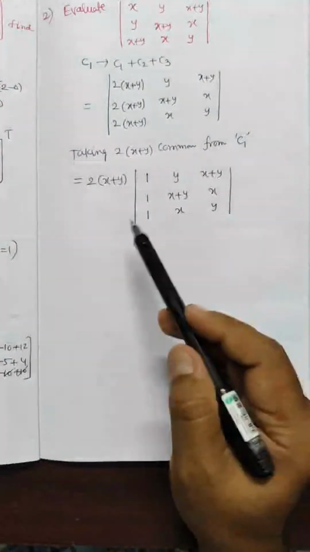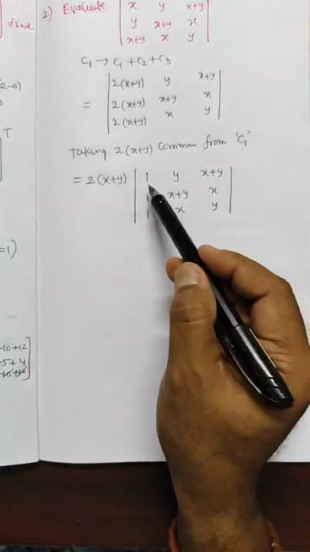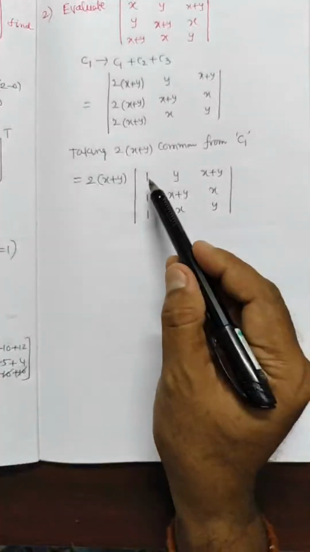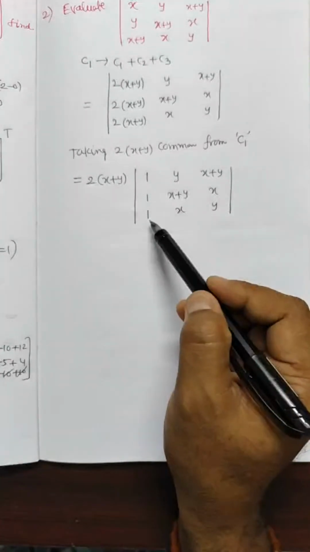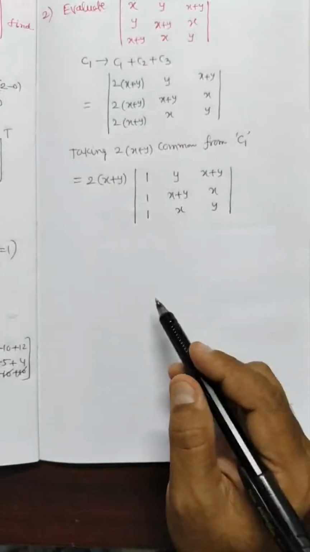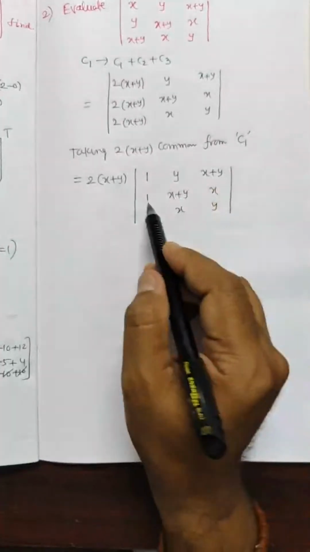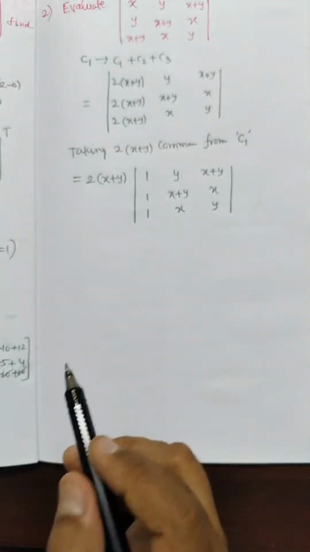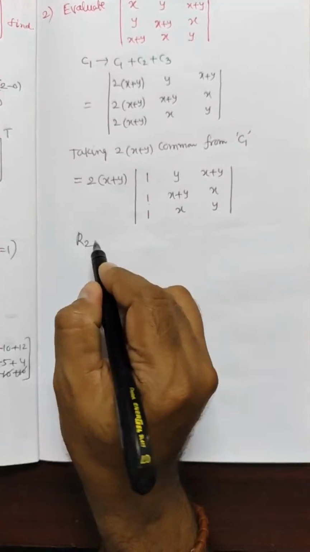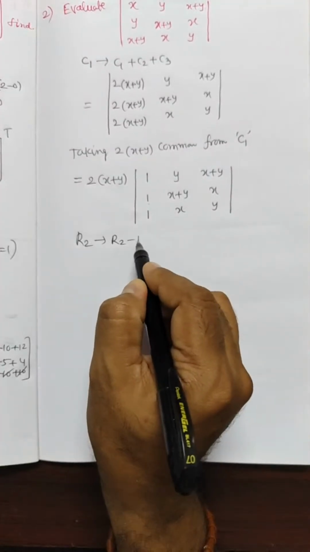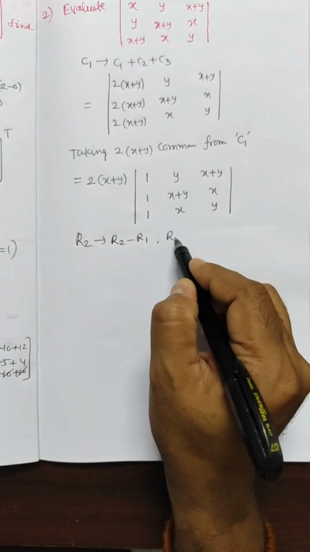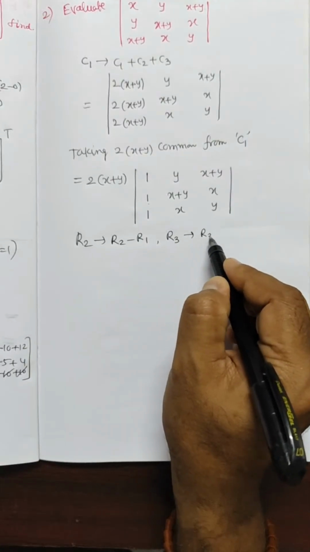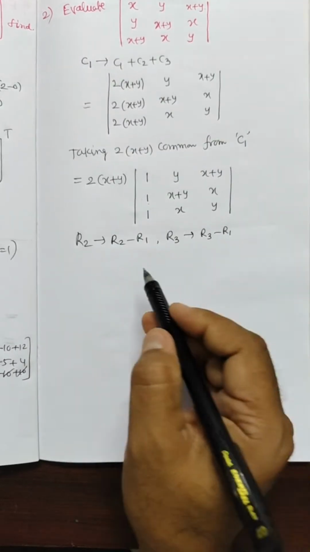I already did this in the previous question, question number 3. When a column or row has three ones, make two of them zeros by using row or column operations. According to this question, with a row operation I'm going to make them 0. So R2 tends to R2 minus R1, R3 tends to R3 minus R1.